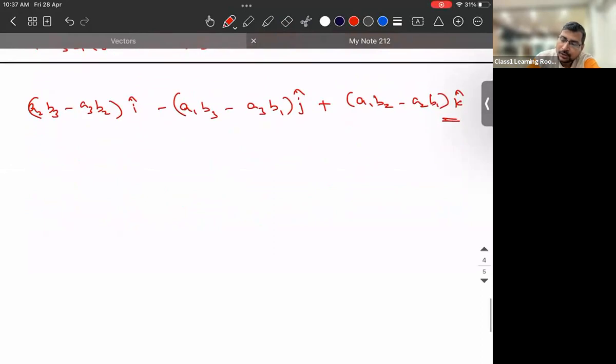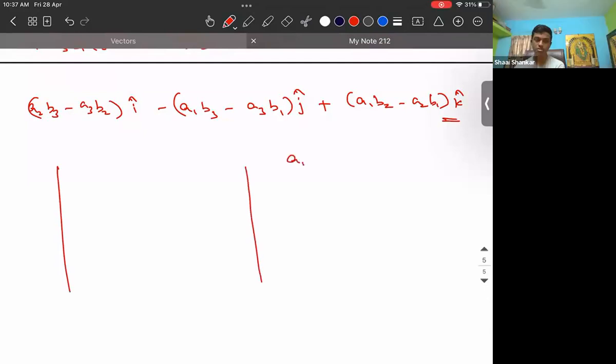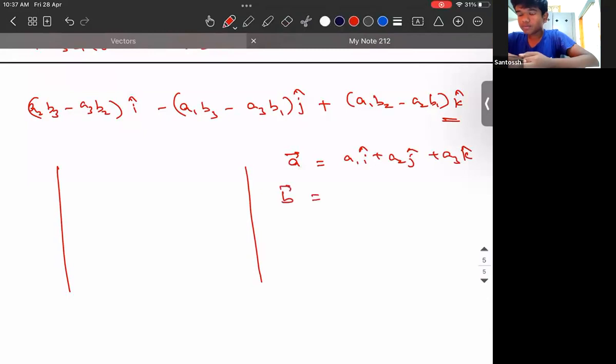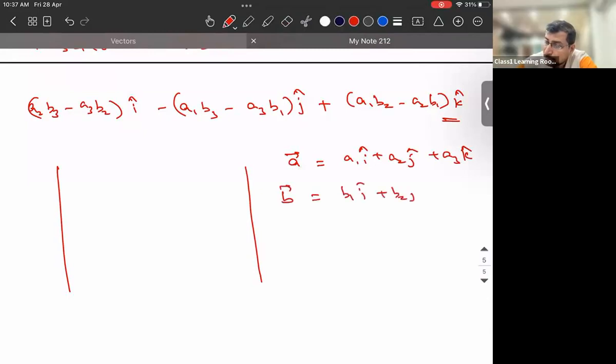Okay, but again, you need not remember this. Rather, you will put two lines like this and write. Tell me, why do we put minus before the A1? I'll tell you. Suppose they give you A vector is equal to A1 I cap plus A2 J cap plus A3 K cap, and B vector is equal to B1 I cap plus B2 J cap plus B3 K cap. Suppose they ask you A vector cross B vector, this is first, this is second, remember that.